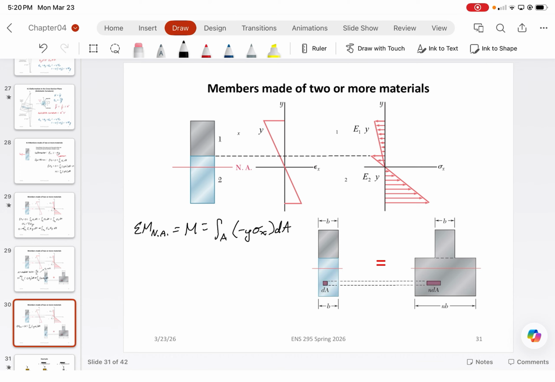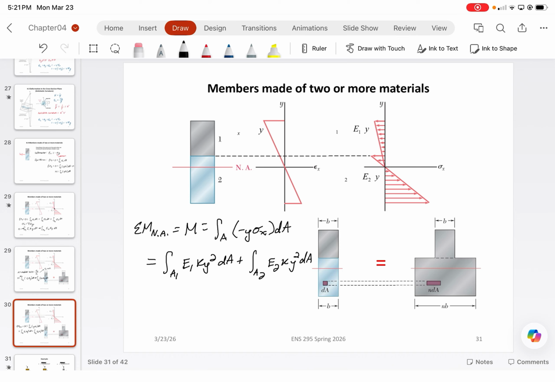We expand these equations further to express them in terms of the curvature of the beam, which gives us the integral over area 1 of E1 k y squared dA plus the integral over area 2 of E2 k y squared dA.